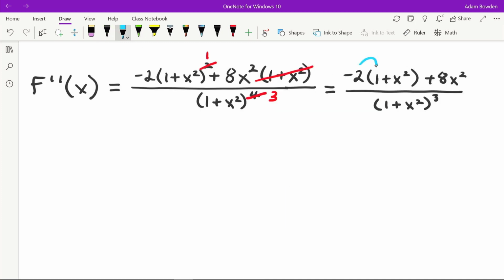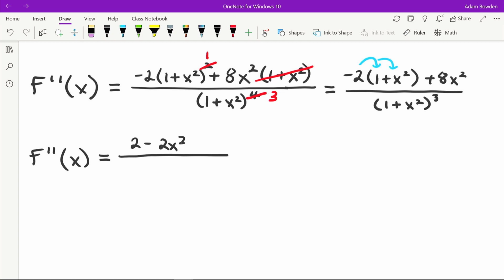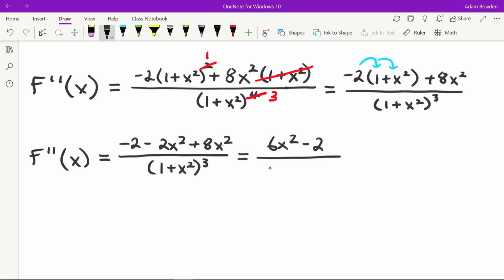Okay, I'll distribute the negative 2 into the parentheses, making it look like f double prime of x is equal to negative 2 minus 2x squared plus 8x squared on top. And that finally simplifies this thing down to 6x squared minus 2 all over the 1 plus x squared all raised to the third power. And that's our second derivative.